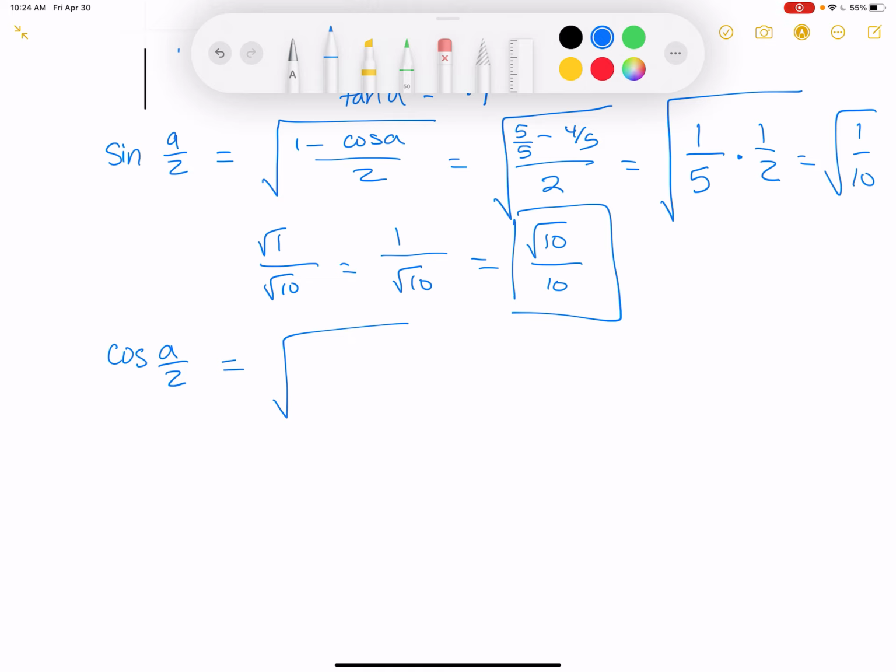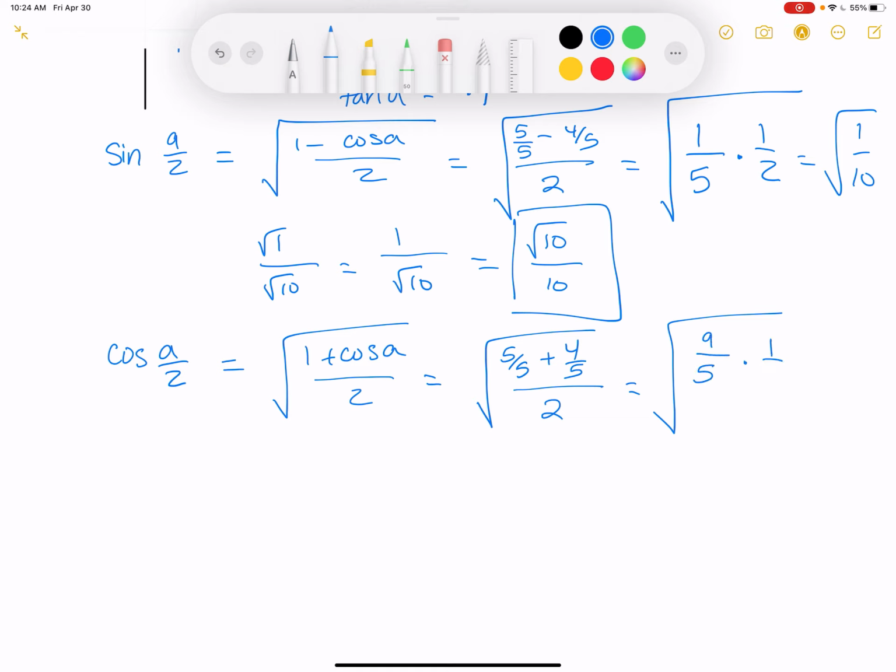All right, the cosine of A over 2 is equal to the square root of 1 plus the cosine of A, over 2. Again, we know the cosine of A, so 5 over 5 plus 4 over 5, over 2. Square root of 9 over 5 times 1 over 2.